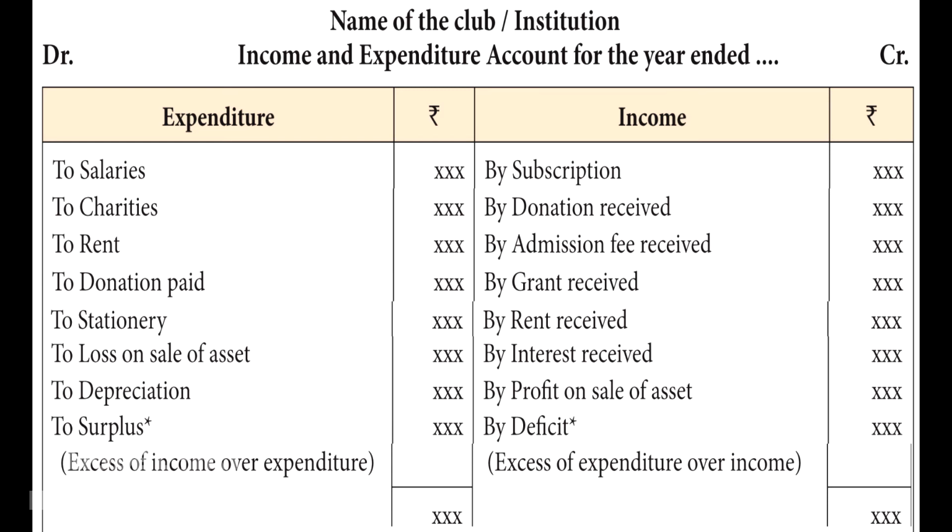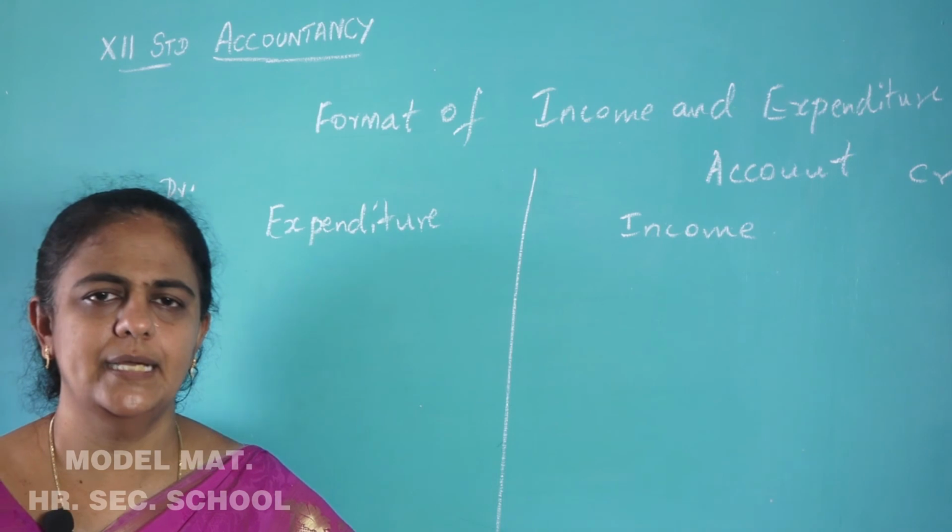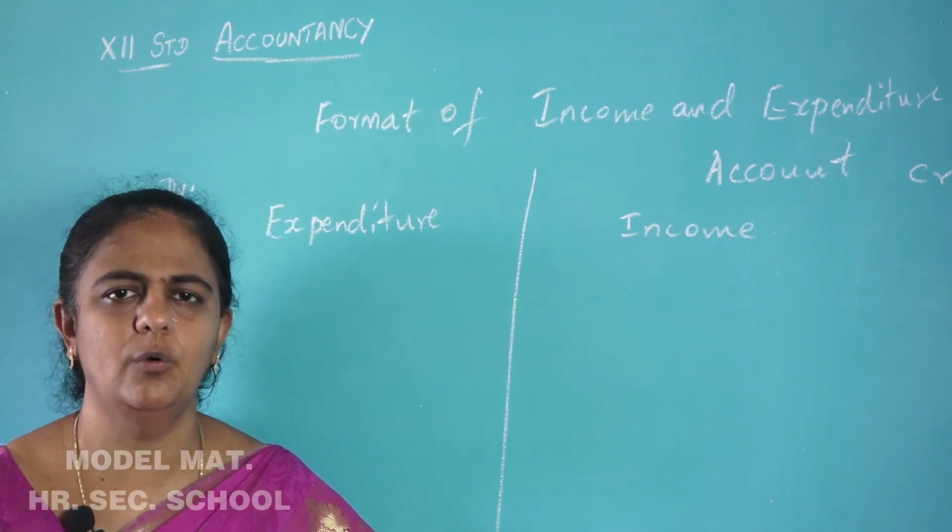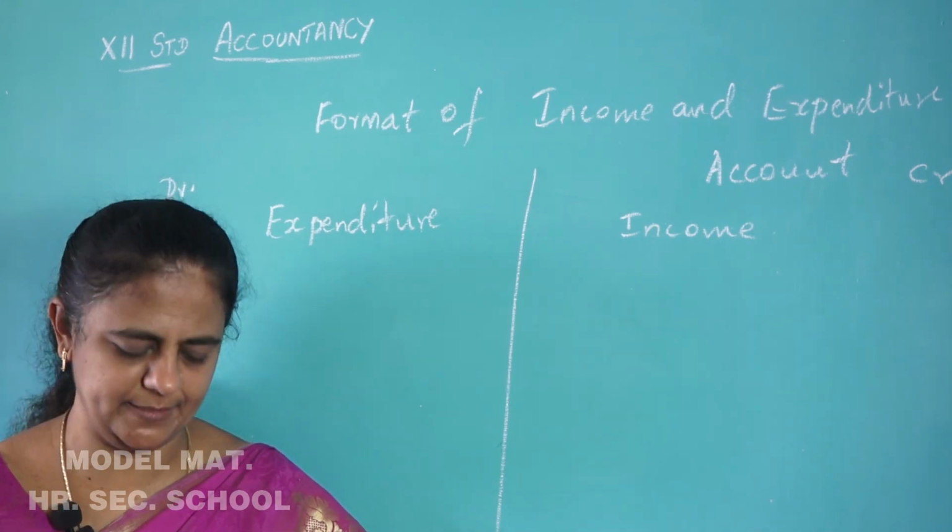Then by subscription, by donation received, by admission fees received, by grant received, by rent received, by interest received, by profit on sale of asset, by deficit, excess of expenditure over income. When there is an excess of income over expenditure, you get a surplus, and when there is an excess of expenditure over income, we get a deficit.